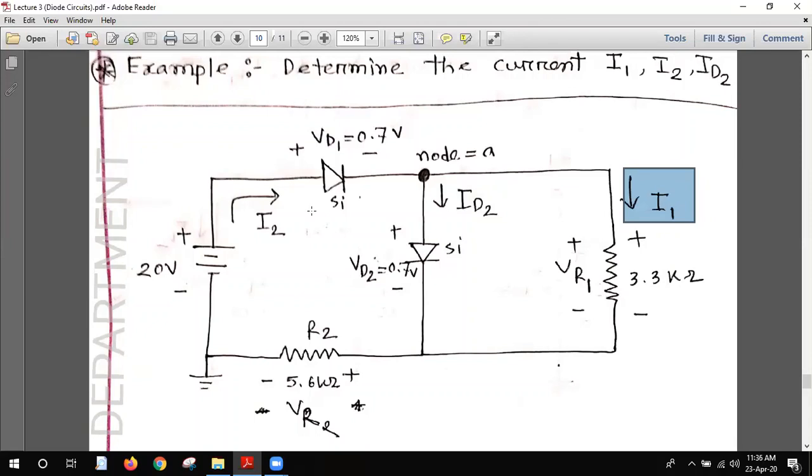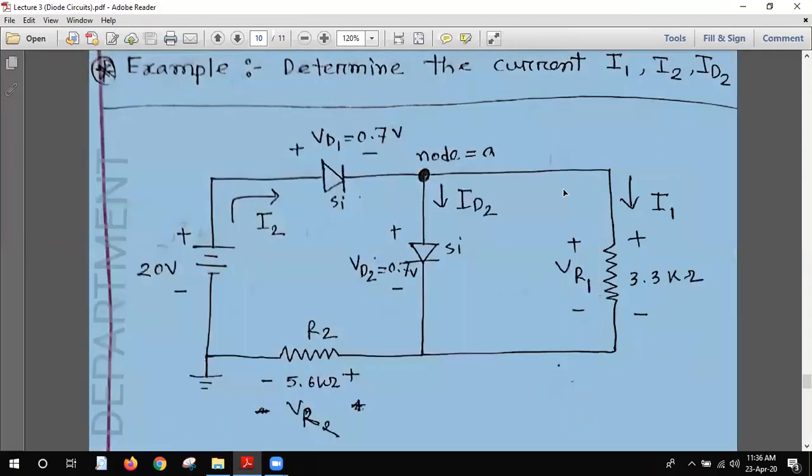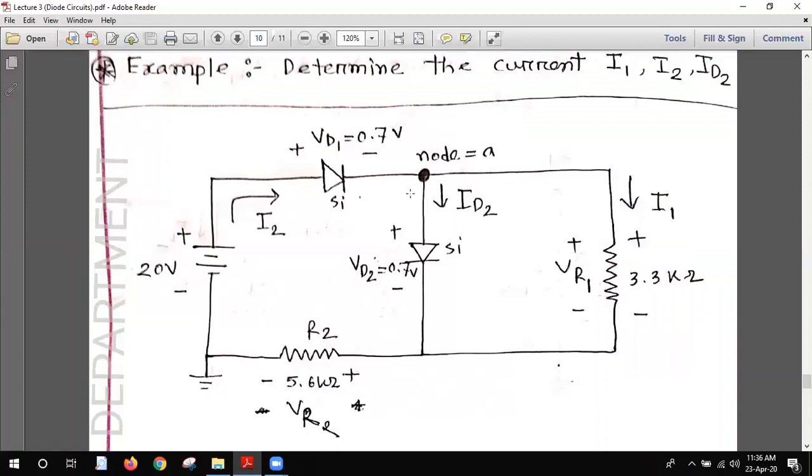To find these three currents, at first find the current I1. How? The current I1 will be the voltage divided by the resistance. So VR1 divided by the resistance 3.3 kilo ohm. You see this branch has the diode, and this diode voltage is 0.7 volt.